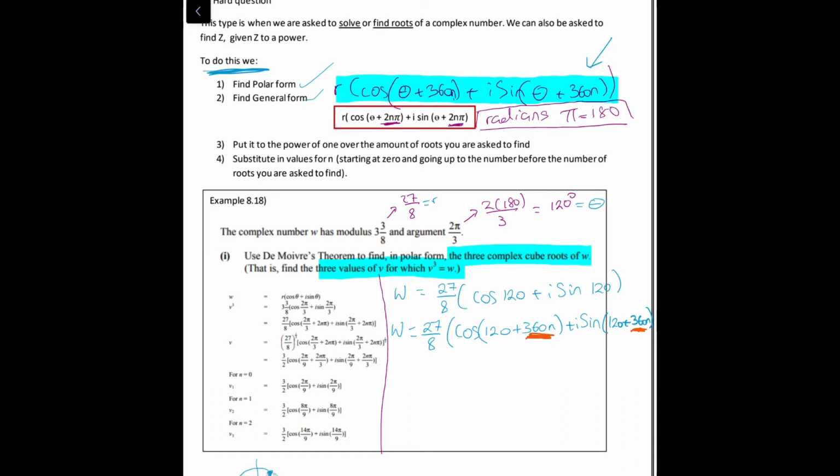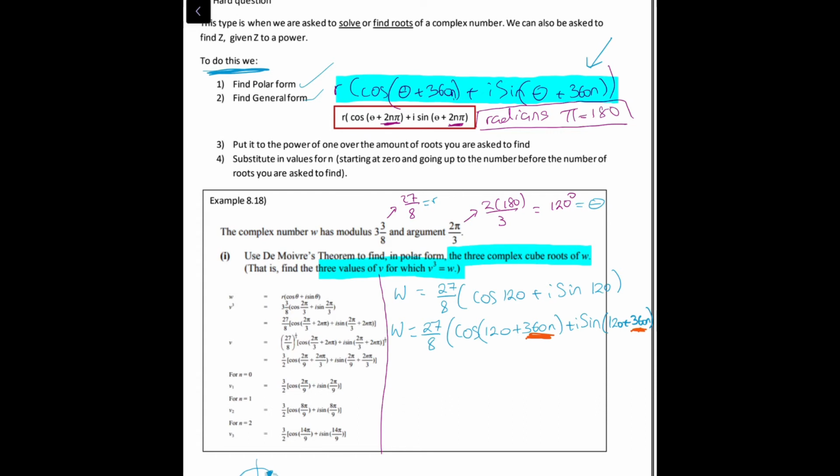If that was 30 degrees, then I'd have to go around again, add 360 on, and the next one would be 390. And you can keep going and keep going, because we only go up to 360 in this circle, but there are obviously more degrees than that. You can go up to infinity with degrees. So this allows us to find them by just going around that circle again.